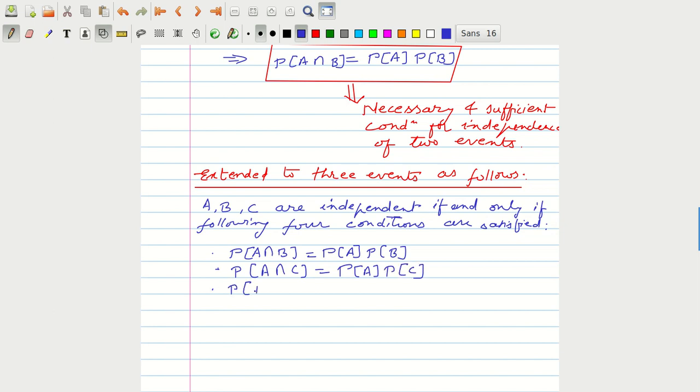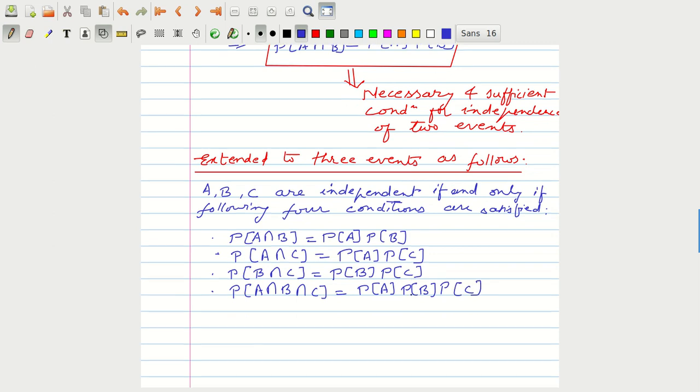Probability of B intersection C equal to probability of B into probability of C. And finally probability of A intersection B intersection C must be equal to probability of A into probability of B into probability of C.